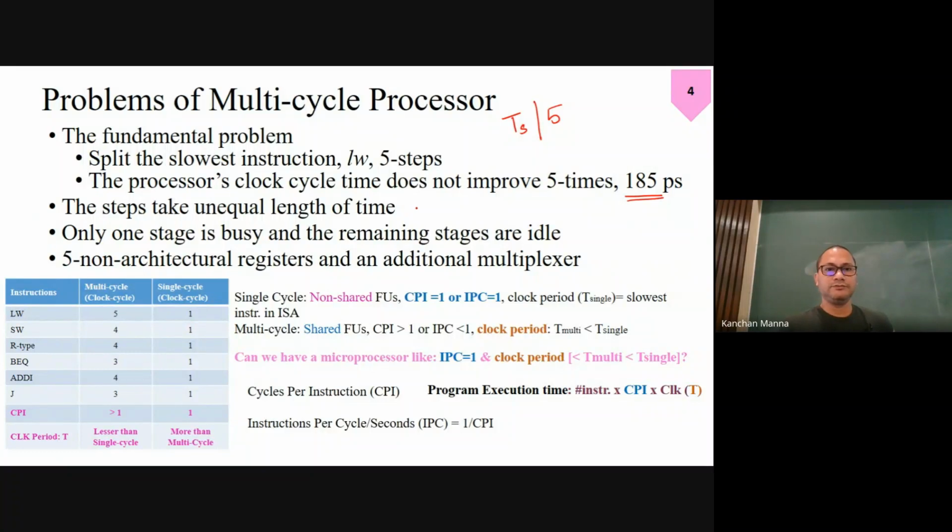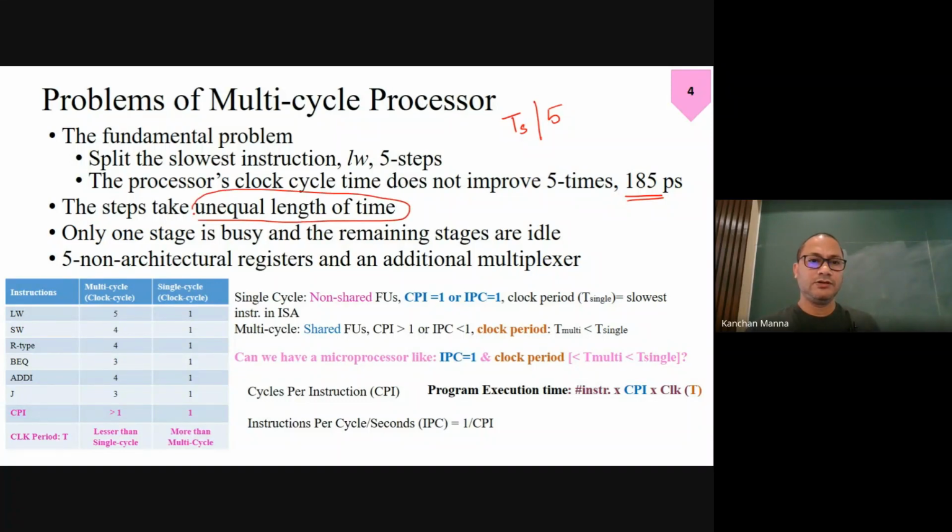Also, if you remember the clock period calculation for the multi-cycle one, we take the max of all the source and destination pairs, and the maximum one decides the clock period. So that means each step takes an unequal length of time.